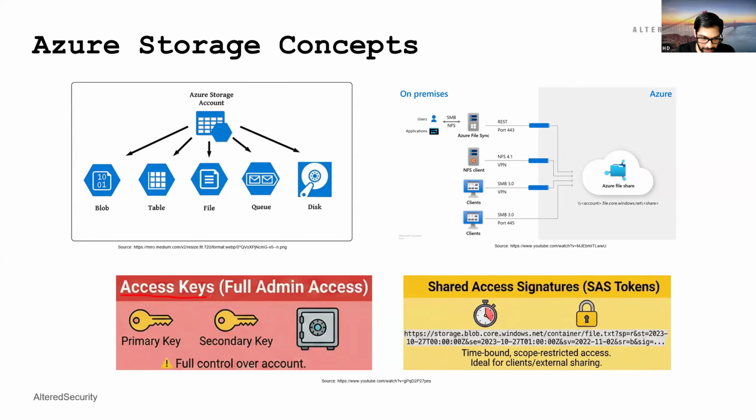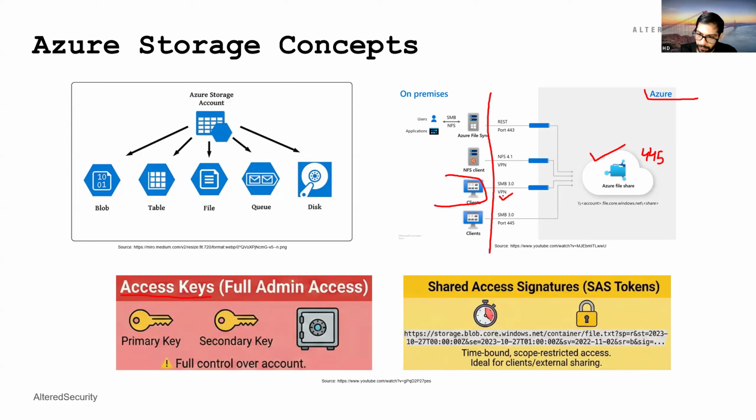These access keys, suppose Azure file storage is here in the Azure ecosystem, and my client is here. Irrespective of whether it is done via VPN or direct connectivity, the line of sight will always have 445 open.